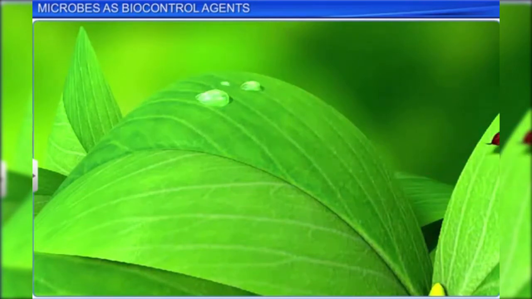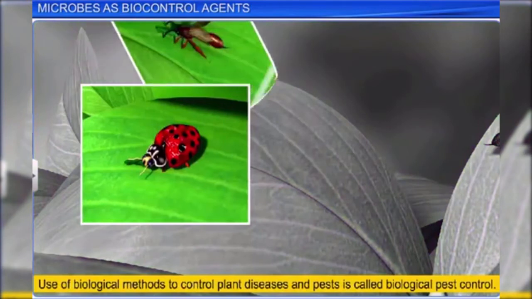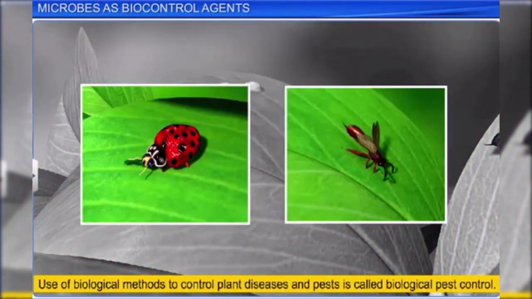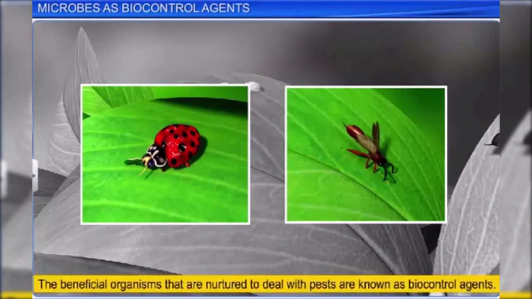This use of biological methods to control plant diseases and pests is called biological pest control, whereas the beneficial organisms nurtured to deal with pests are known as biocontrol agents.